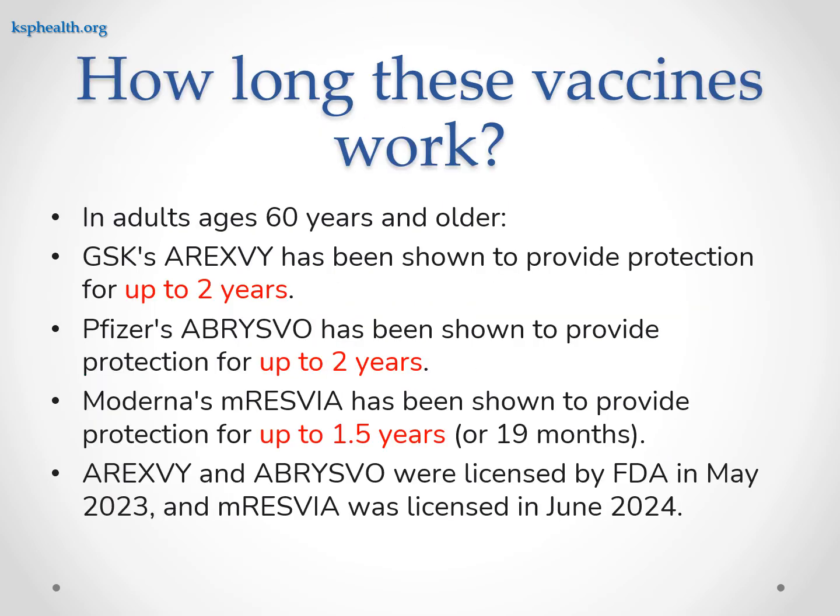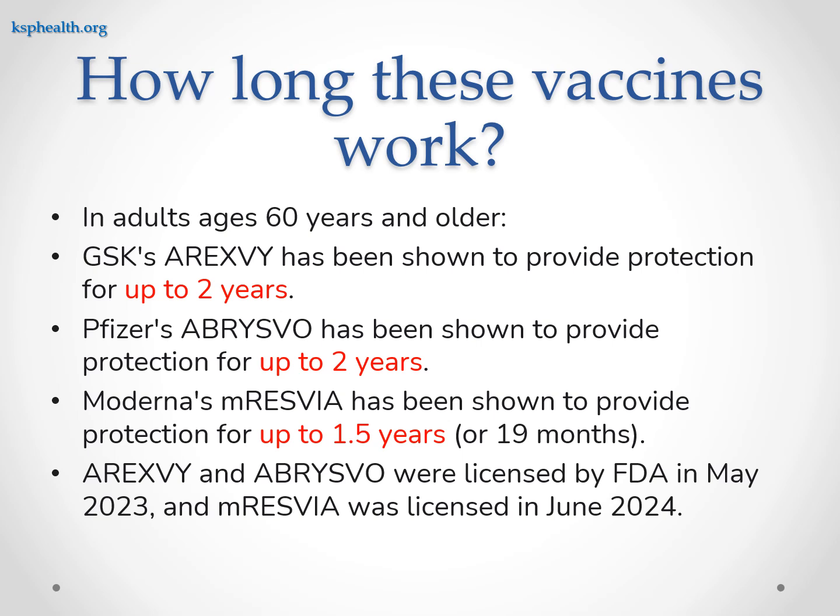So how long do these vaccines work? Adult vaccines. GSK's Arexvy gives protection up to 2 years. Abrysvo of Pfizer has been shown to provide protection for up to 2 years. Moderna's mResvia gives protection up to 1.5 years or 19 months.